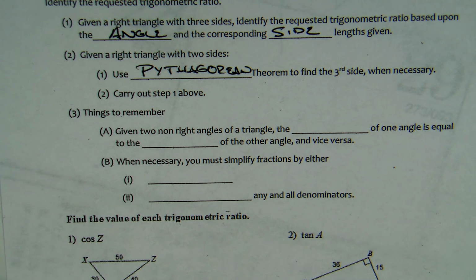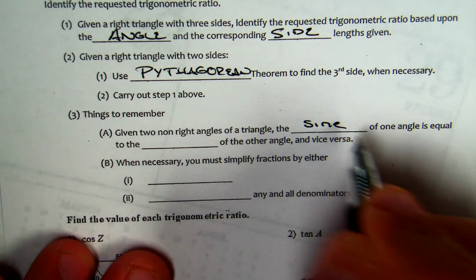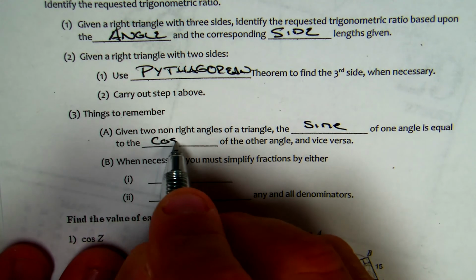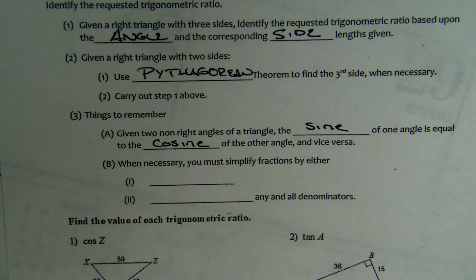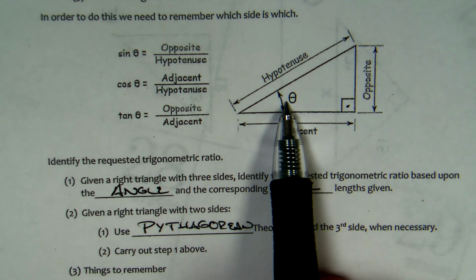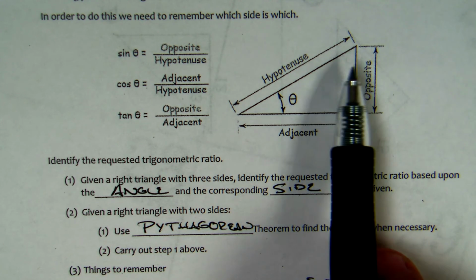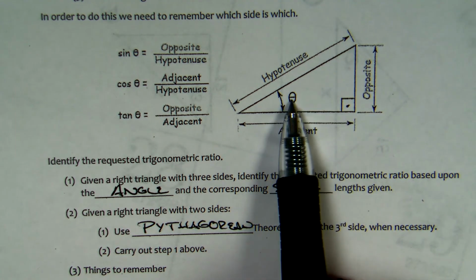Things to remember. Given two non-right angles of a triangle, the sine of one angle is equal to the cosine of the other angle and vice versa. If I go back to my diagram above, the sine of this angle is equal to the cosine of that angle. The sine of that angle is equal to the cosine of that angle.